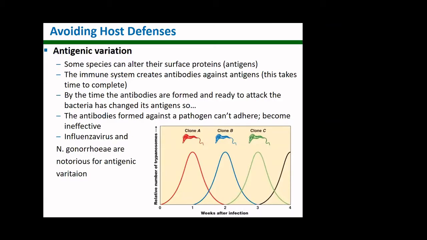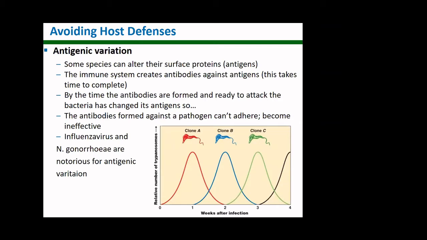Another way that bacteria can evade the host defense is by changing up the antigens on the surface of the cells. So essentially over time, you start with one set of proteins and carbohydrates on the surface of your cells, right? The host will make an immune response to that.